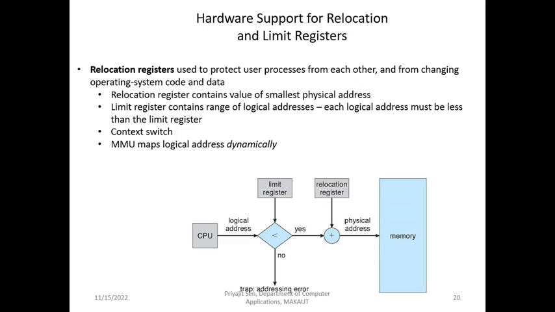So the relocation register contains the smallest physical address, and the limit register contains the range of the logical address. Each logical address must be less than the limit register. This thing.